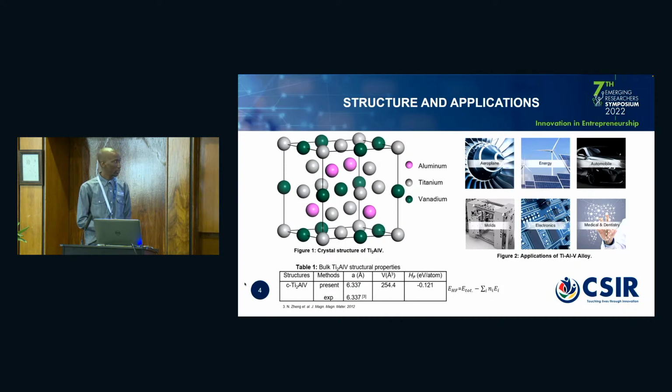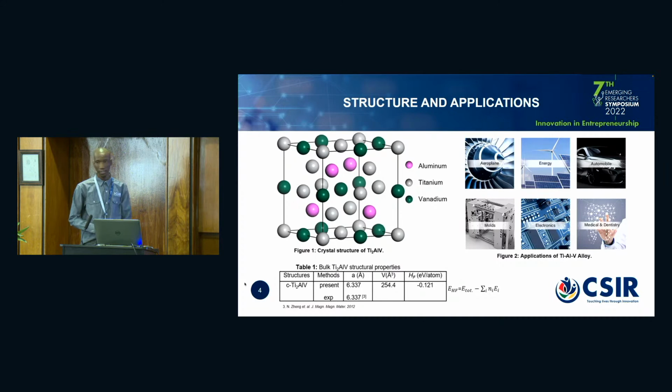So the E total means the total equilibrium energy of the crystal structure, subtract the sum of the individual elements inside the crystal. And then you get the formation energy of your crystal. So we found that the magnitude lies around minus 0.12. So getting the negative magnitude shows that our structure or our phase is spontaneous.